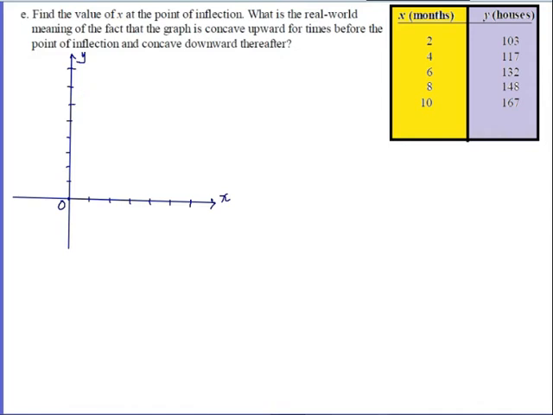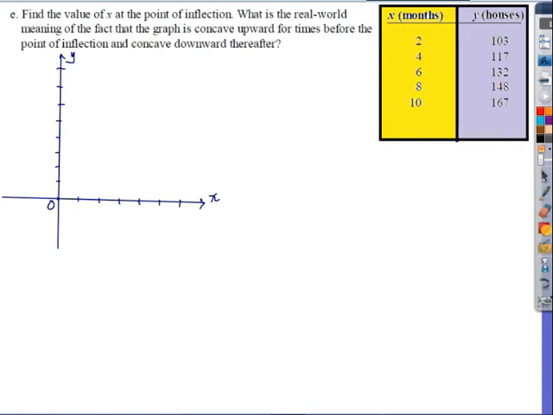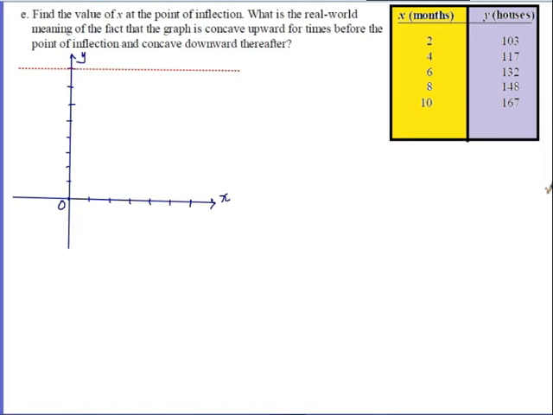Now our upper bound, or our limit, or the asymptote, is 1000. So let's say our limit is y equals 1000. And of course, we start from 0 months.